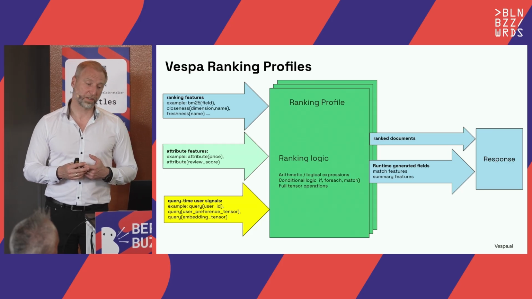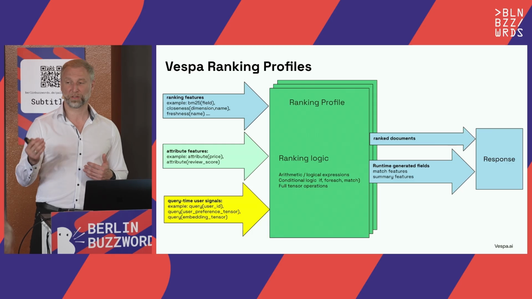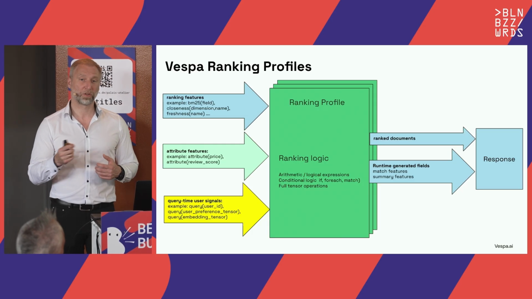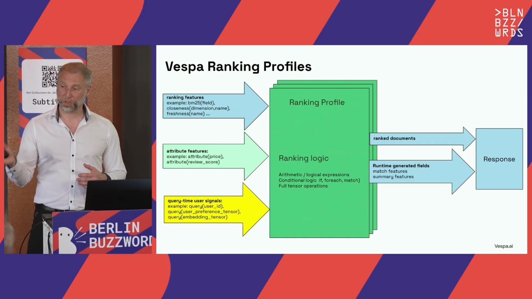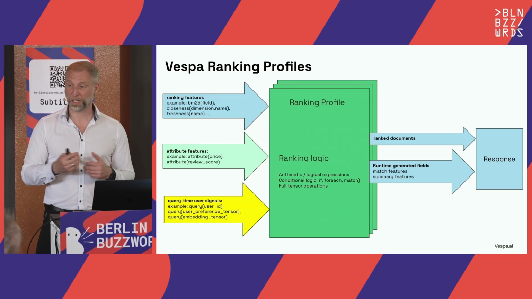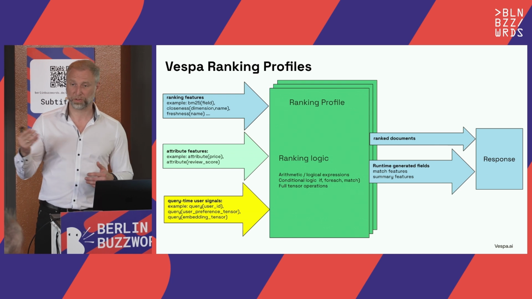We call those fields match features or summary features. Match features are generated in the match phase, and summary features when you generate documents, because during the search, similar to Lucene, documents will have just IDs, but you need to populate those documents with actual fields when they are at the summary stage, when this will be generated.